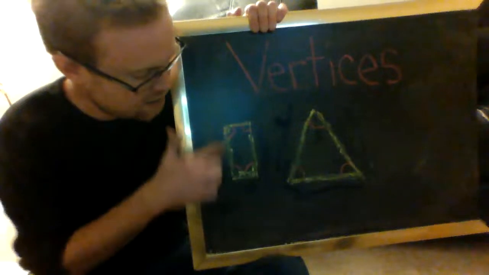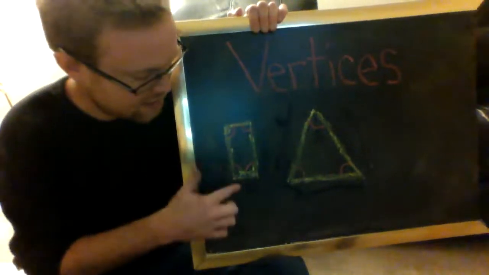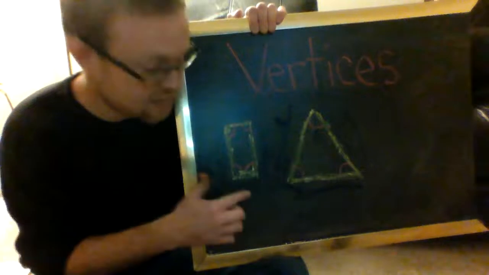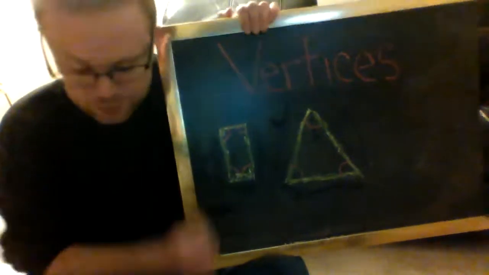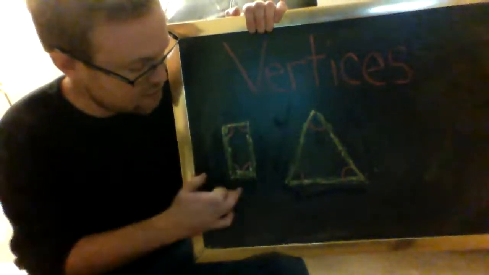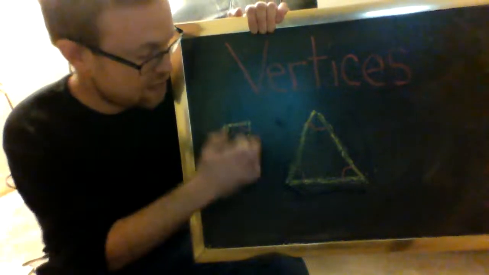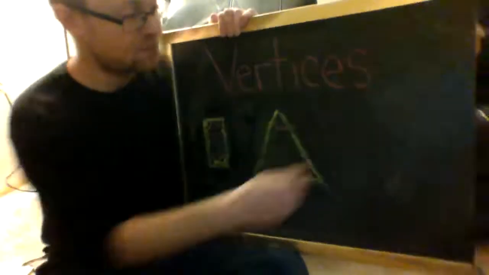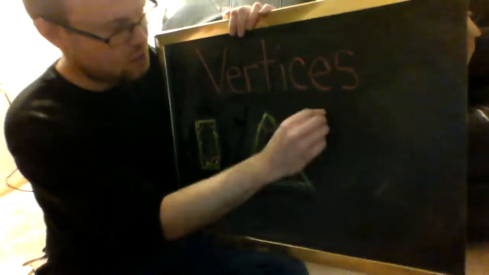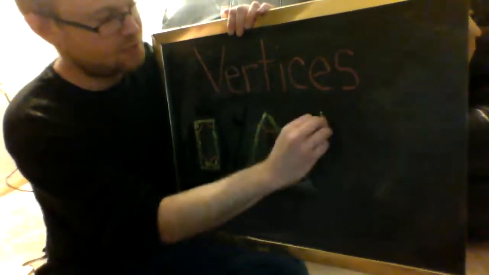Is this side the same length as this side? Do they look like they're the same size? Nope. In a rectangle, not all of the sides have to be the same length, okay? But in a square, all of the sides are the same length.